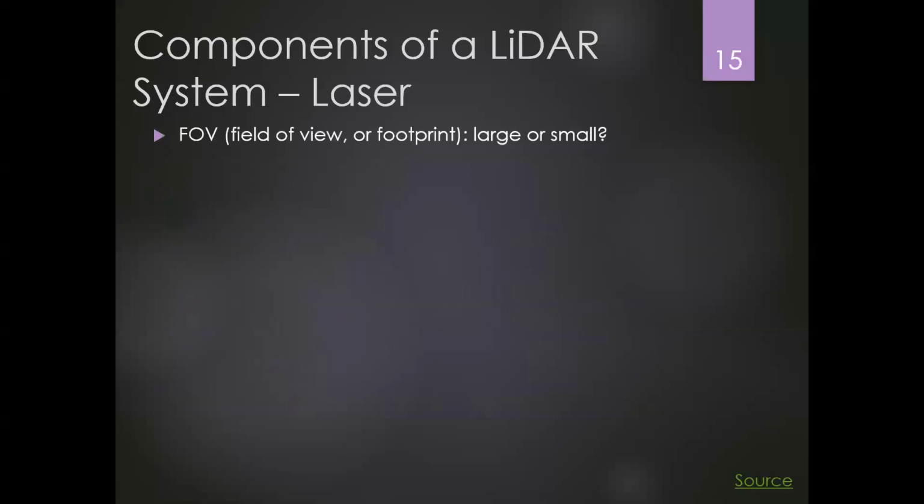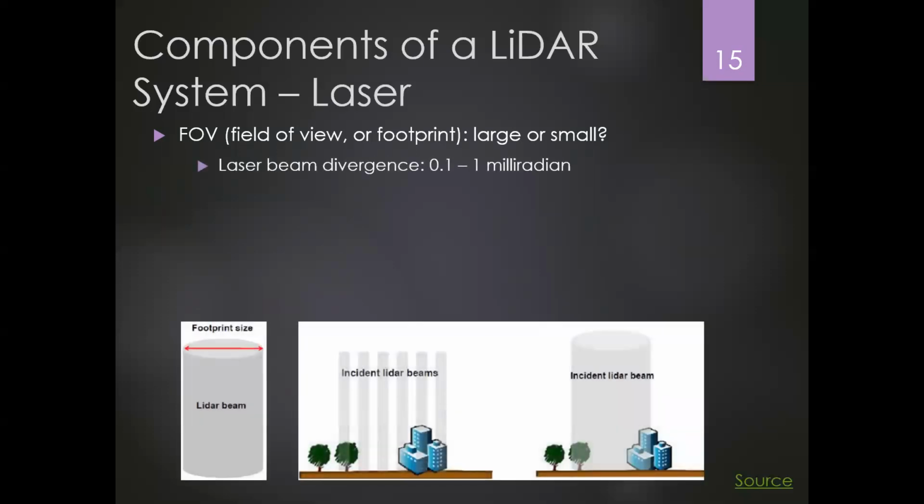That's very important. The next term I want to introduce here about laser is called field of view, FOV, or footprint. It could be large, could be small. For example, this bar here is a LiDAR beam.